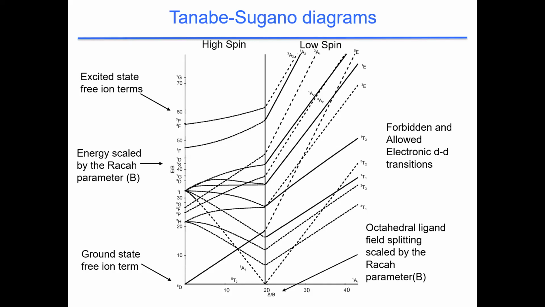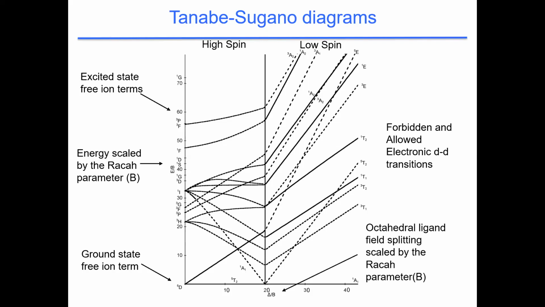So it should follow that for complexes that have electron counts where you can have a high spin and low spin configuration, the lower the x-axis value, the lower the delta splitting, and therefore the more likely that the complex is going to be high spin.